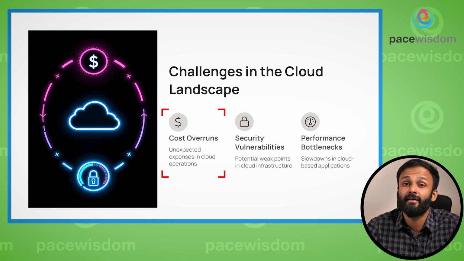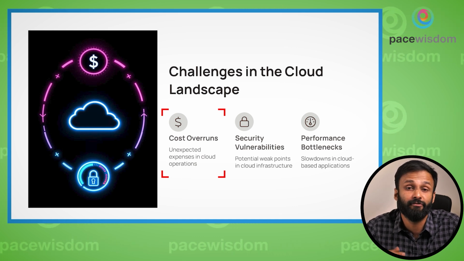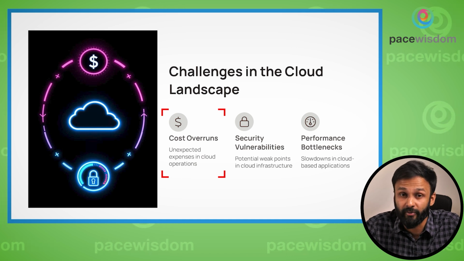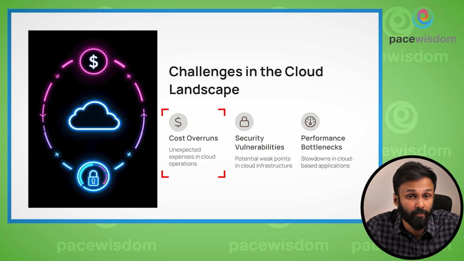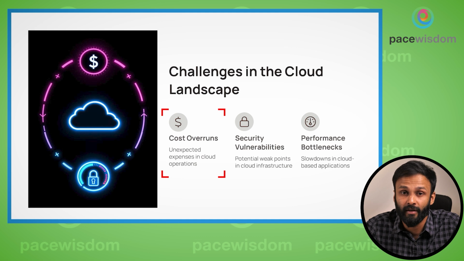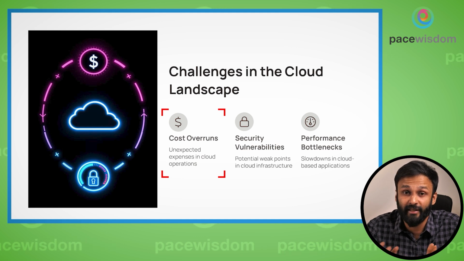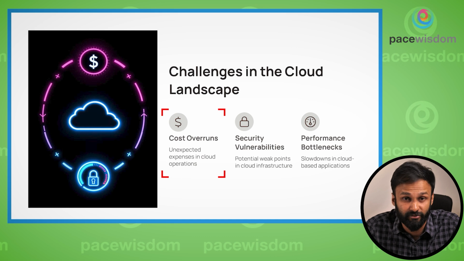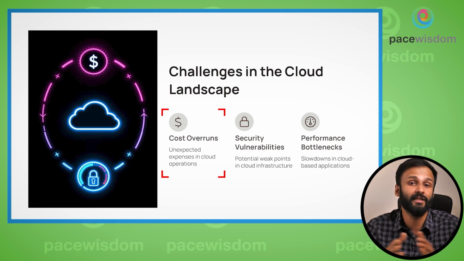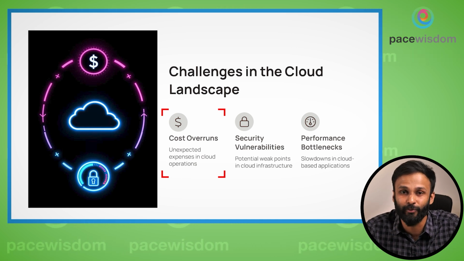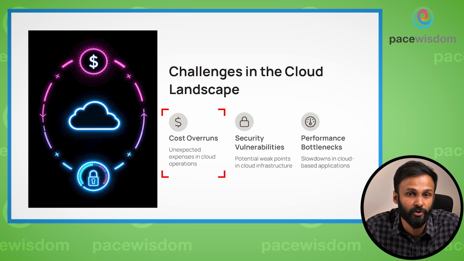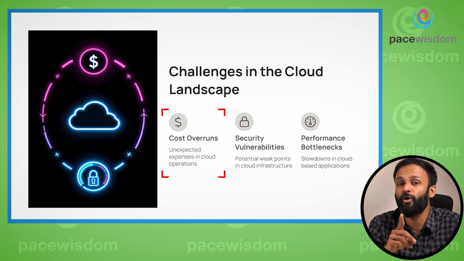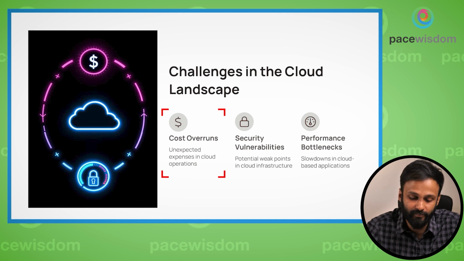You can end up with unexpected expenses because of resource over-provisioning, lack of proper planning, or lack of proper monitoring. That's a very challenging task many organizations face. Who here has been surprised by their AWS cloud bill? It's a common experience, and we want to help you avoid that.